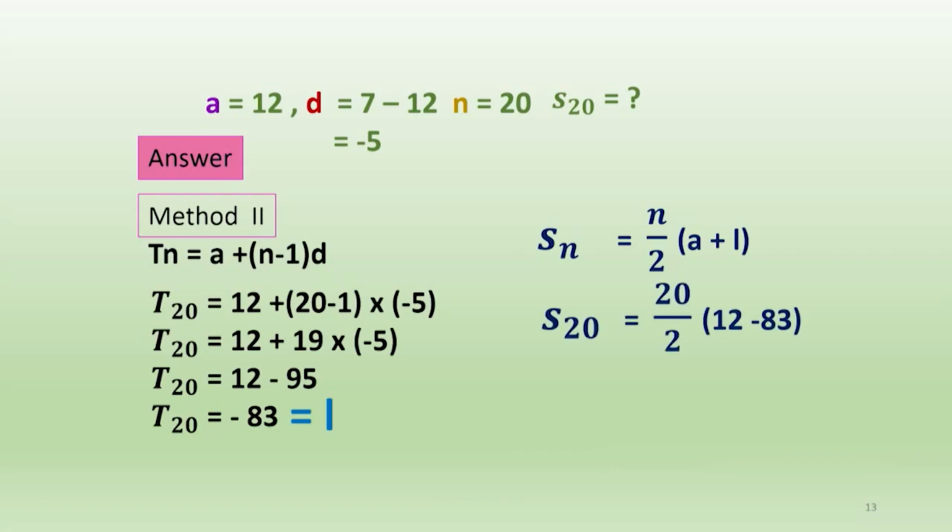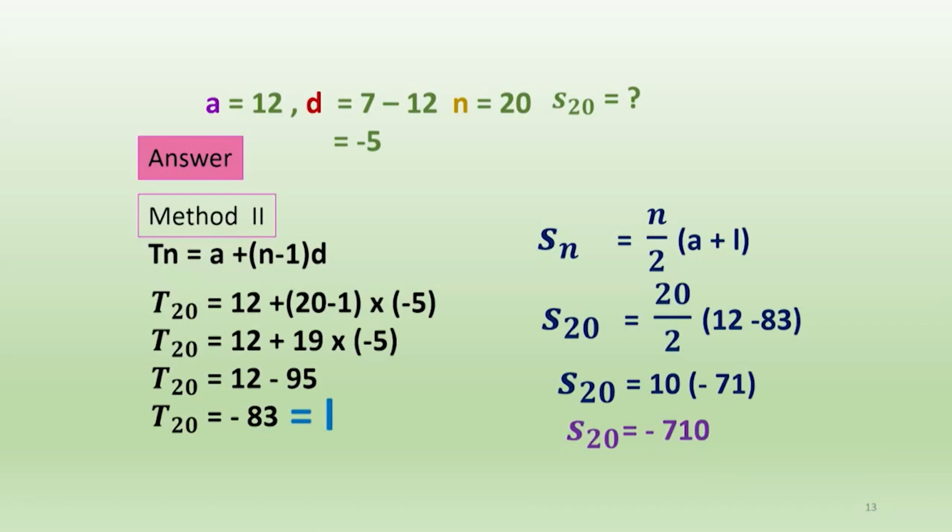We found L as minus 83. Then we have to simplify the things in the bracket. So we got minus 71 as the answer in the bracket. Then we have to multiply by the 10 and we got the same answer as the previous method. S20 is equal to minus 710.